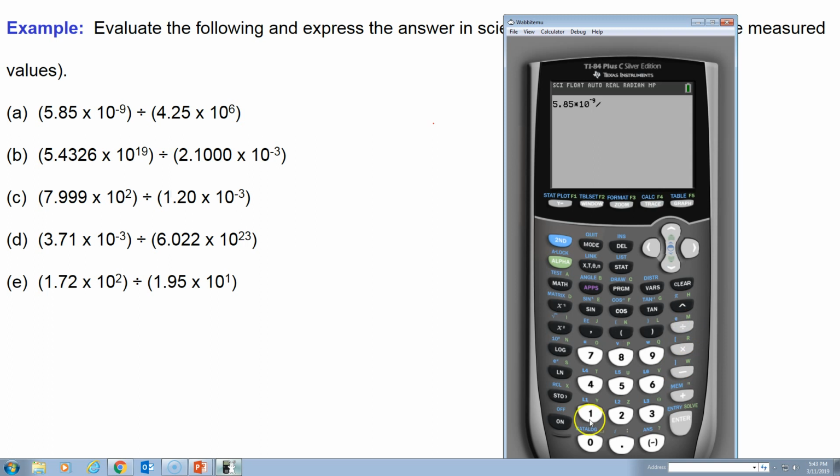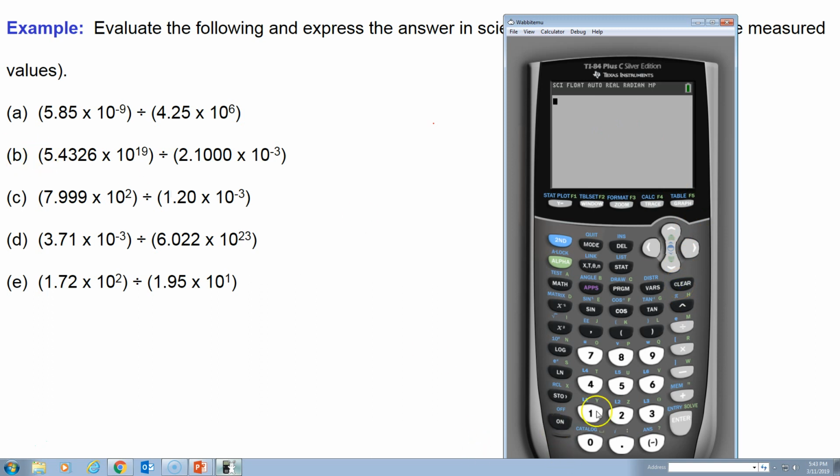Divide. You can already see that it's kind of clunky not to use the E button. 4.25 by 10 to the power of 6. You'll actually see that I get a different answer. You see, I'm way out on this guy here. So it doesn't really do what we were imagining when we do it that way.